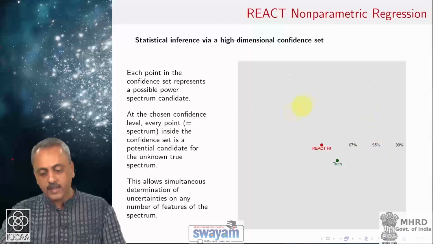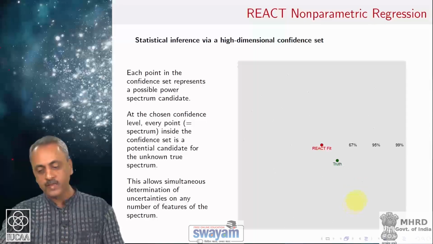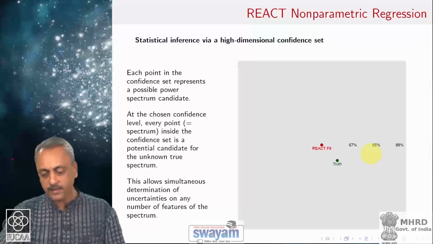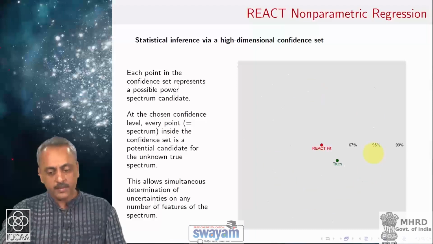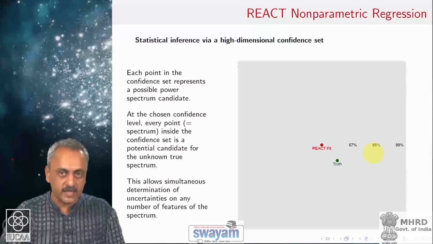So, at 95% confidence, you want a confidence set which contains the unknown truth with 95% probability or 95% confidence. You need to go to a bigger confidence set. This is typically how confidence sets behave. The larger the confidence, the bigger the size of the confidence set has to be.